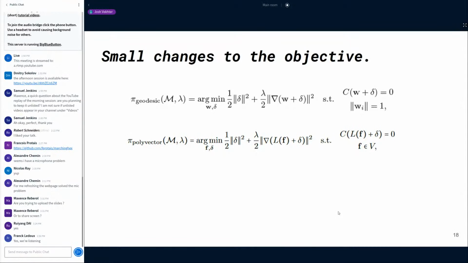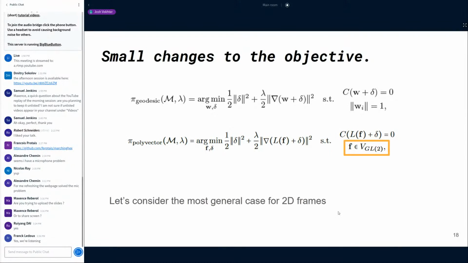We've replaced W with F, and in certain places we've added an extra lift. So we have an LF in places, but F is now going to be maybe a rosy, or maybe some sort of frame like a GL2 frame or a GL3 frame or an Odeco frame or an octahedral frame. There are different varieties, but for the purposes of the presentation today, just for simplicity, you can think of F as a GL2 frame.